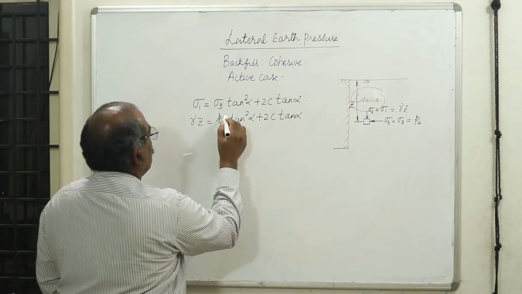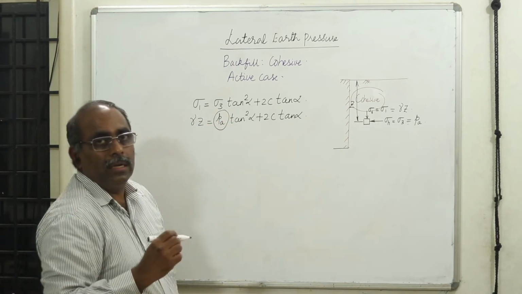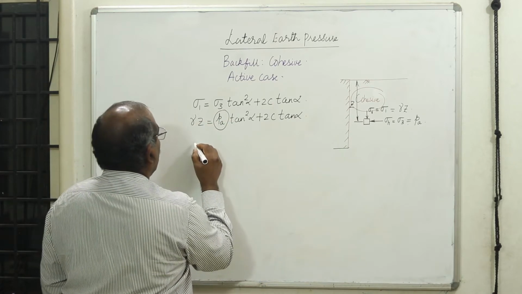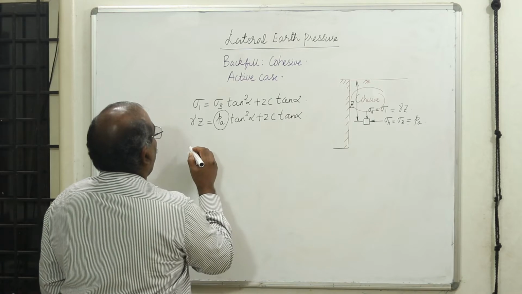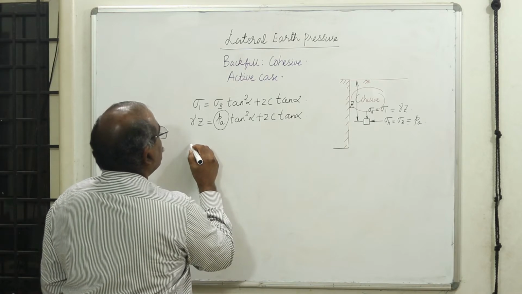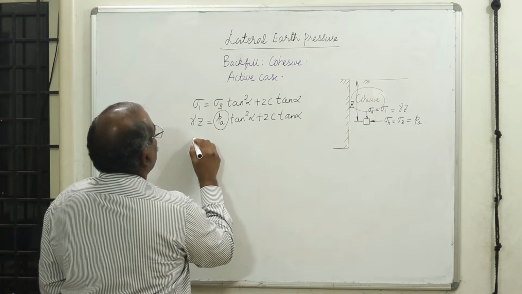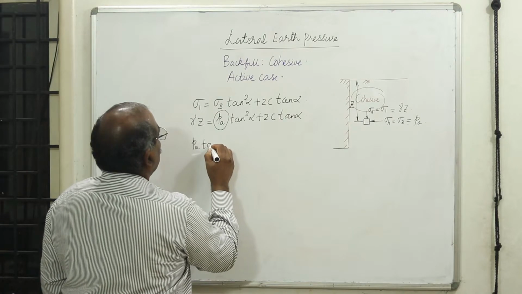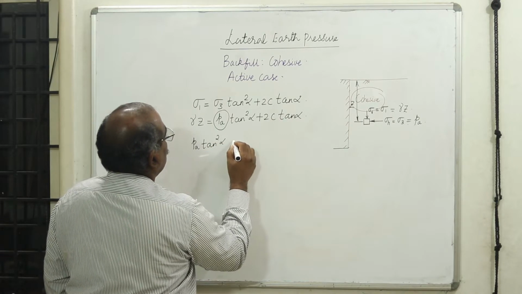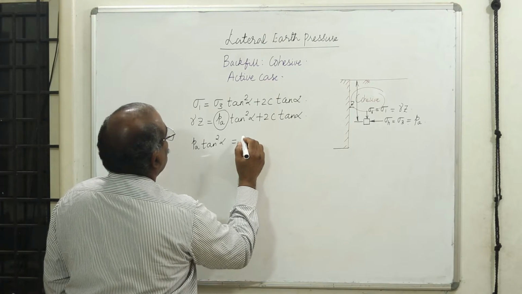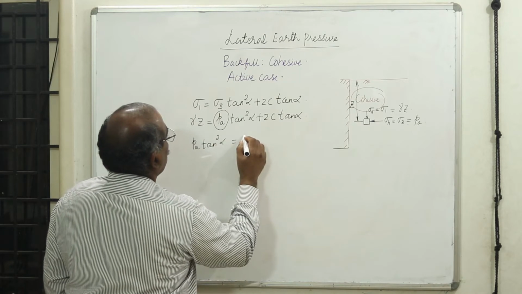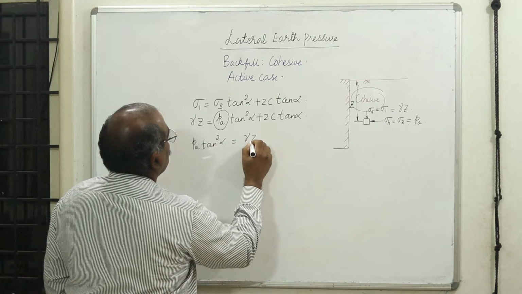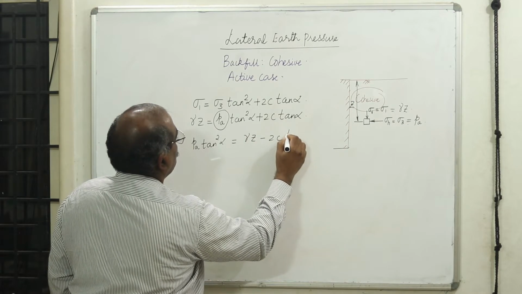Now, what I am interested in is the expression for active earth pressure. Let us write PA tan square alpha is equal to gamma z minus 2c tan alpha.